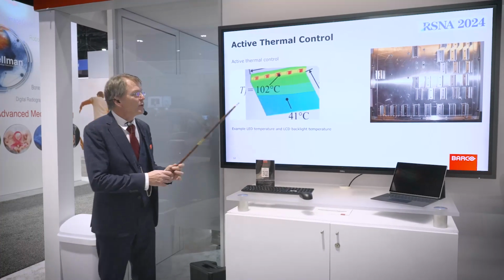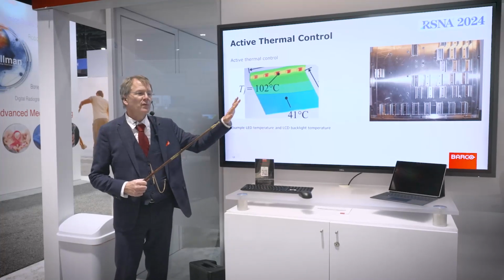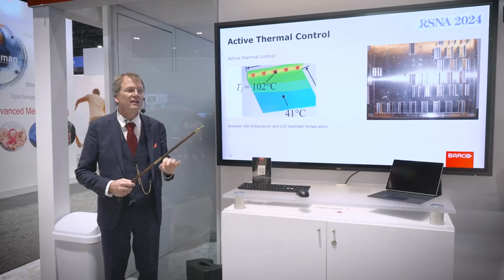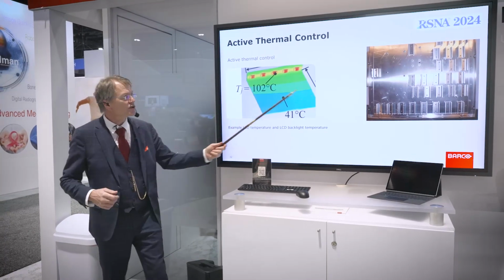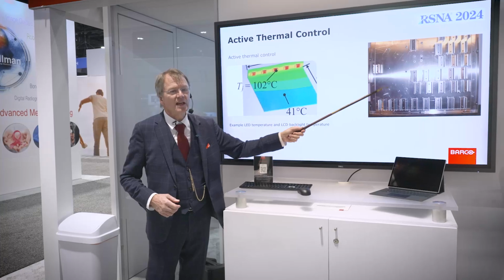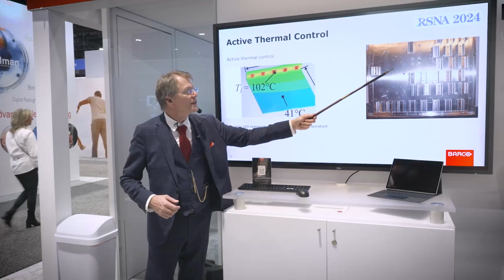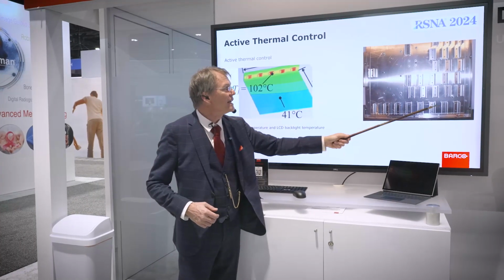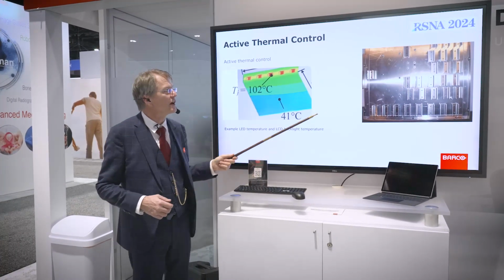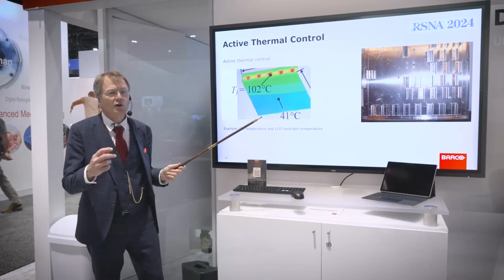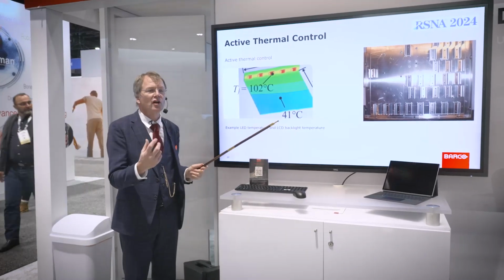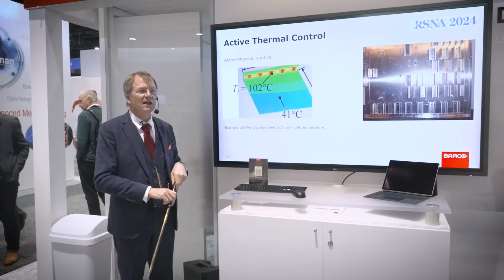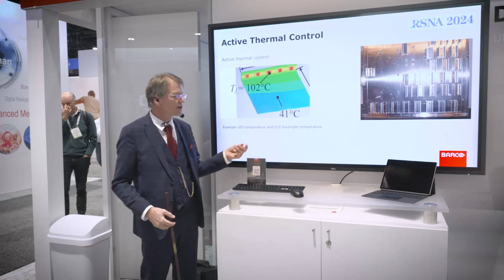We really want to have a uniform behavior of the display. We want the response time to be good all over it, not just in one part. So actually what we do is introduce things inside the display that make the display very uniform. This is showing part of the heatsink assembly from a display, but there are also fans that are turned on and off in order to keep the display at the optimum temperature to get the response time to be fast, so that the pictures are very clear.